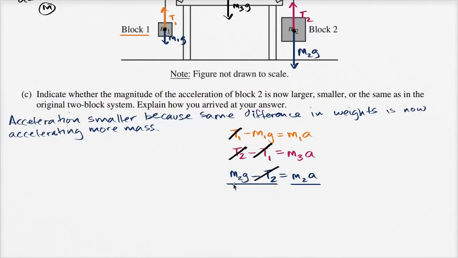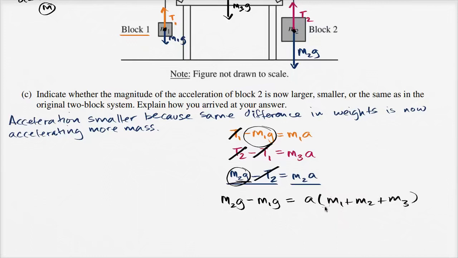And you're just going to be left with M2g minus M1g is equal to, and let me just write it out, M1a plus M3a plus M2a. But we could, of course, factor the a out. And so let me write this as that's equal to a times M1 plus M2 plus M3.